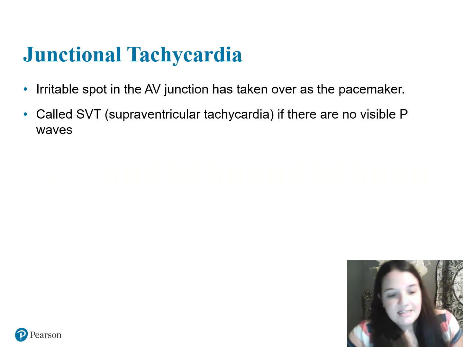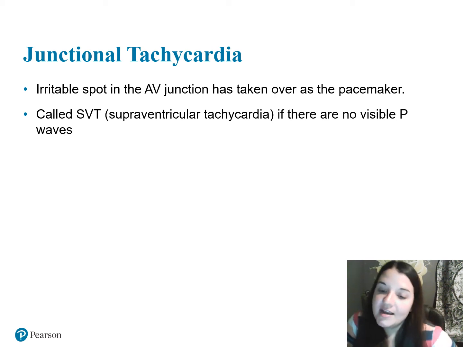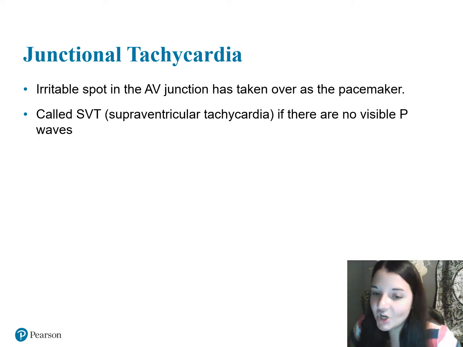Which leads us to tachycardia. We already know tachycardia is a faster rate, and in this case we're talking about junctional. So what is the normal rate for junctional beats? 40 to 60 beats per minute. If it's 60 to 100 beats, it is accelerated, which means if it is more than 100 beats per minute, it is a tachycardia.